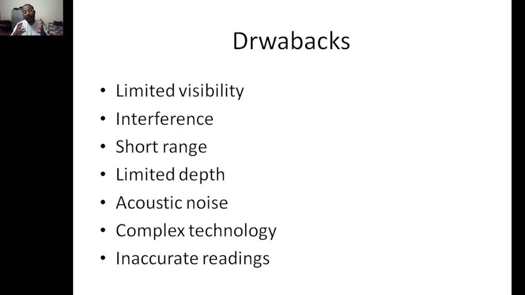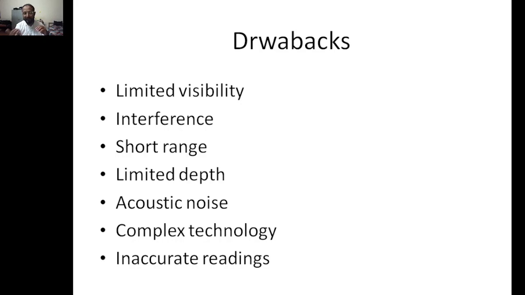Next, short range. It works in a short range. Limited depth: imagine there is a big structure or a kind of stone under the sea, so the signal will go and hit that, and it will detect that as the depth, but actually that is not the depth.